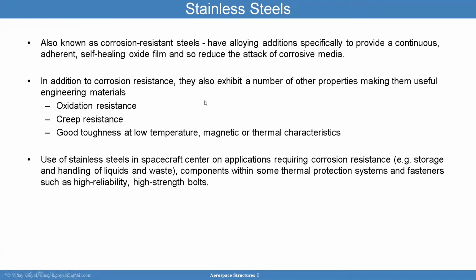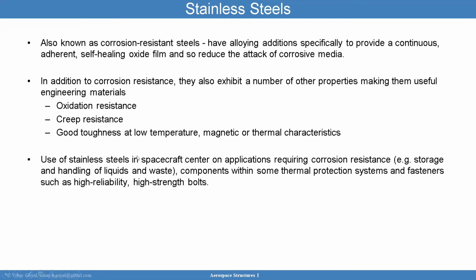Stainless steel is a variation of steel, and stainless steel is actually used quite a bit in aerospace applications. They are corrosion resistant, that's one reason. And there are a number of properties that are nice. They're creep resistant and have good fracture toughness at low temperatures. And it has great magnetic and thermal characteristics.